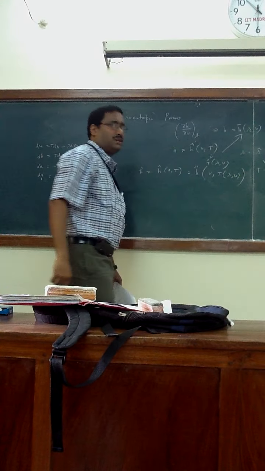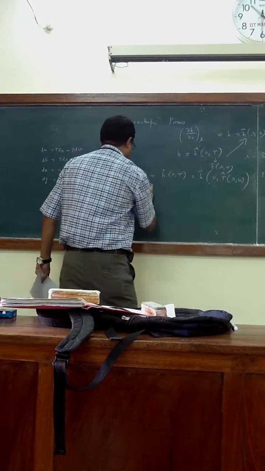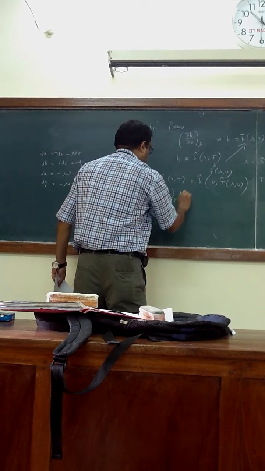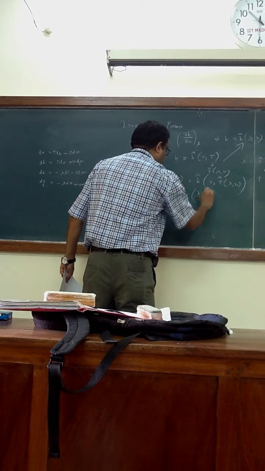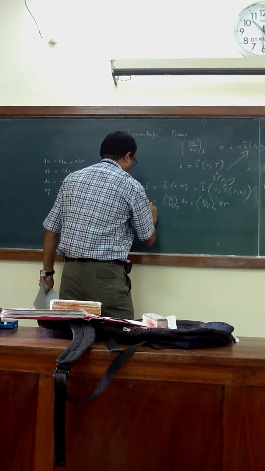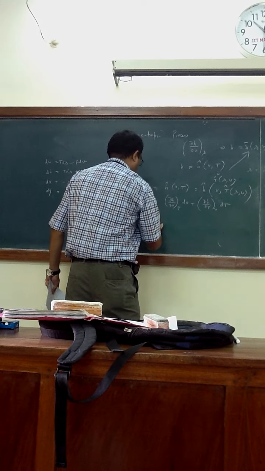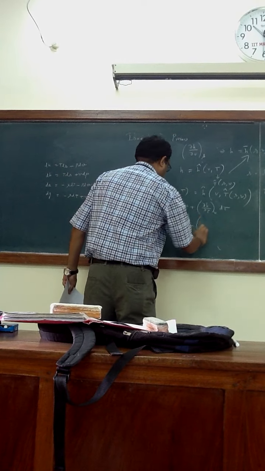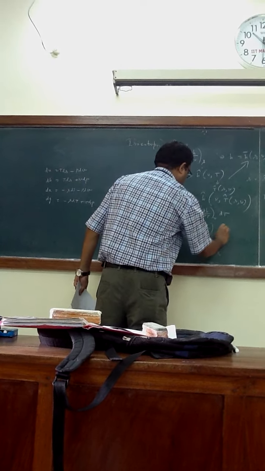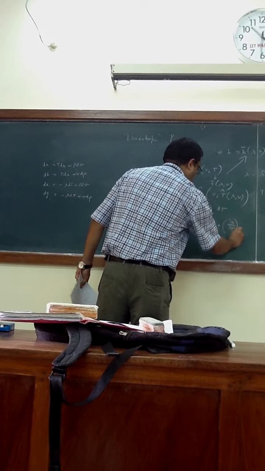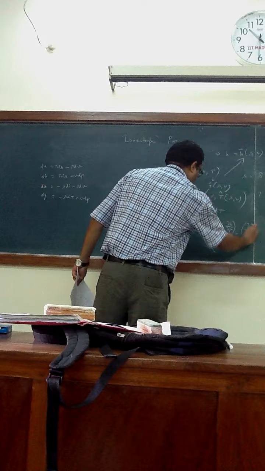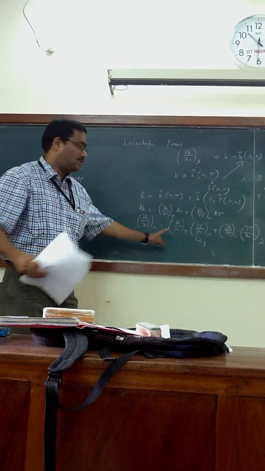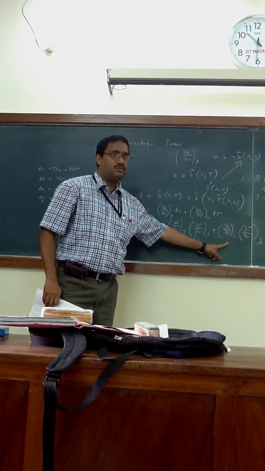Am I correct? Yes. dH equals dou H dou V at constant T dV plus dou H dou T at constant V dT. Then you have dou H by dou V at constant S, which is dou H dou V at constant T times dou V dou V at constant S, plus dou H dou T at constant V times dou T dou V at constant S. This is one, and dou H dou T at constant V is already known, which is Cv.